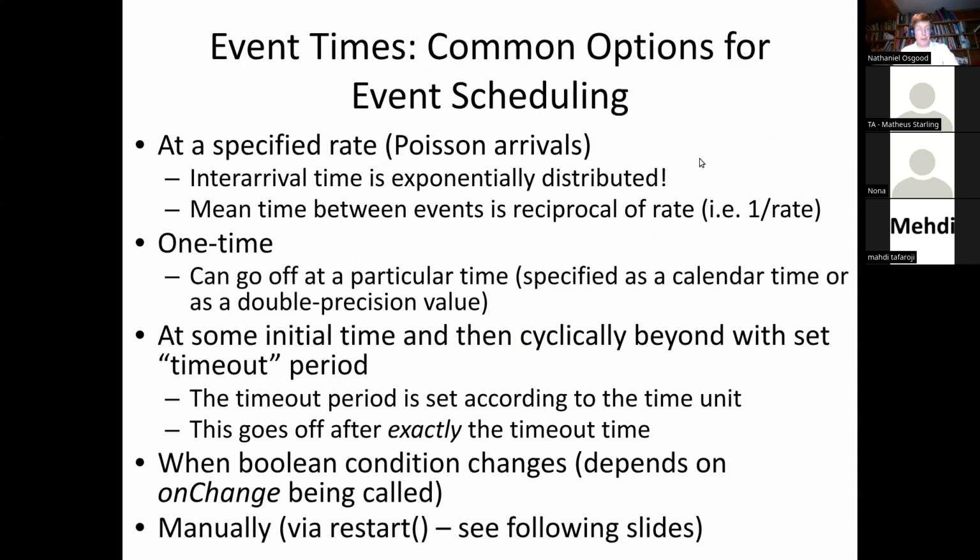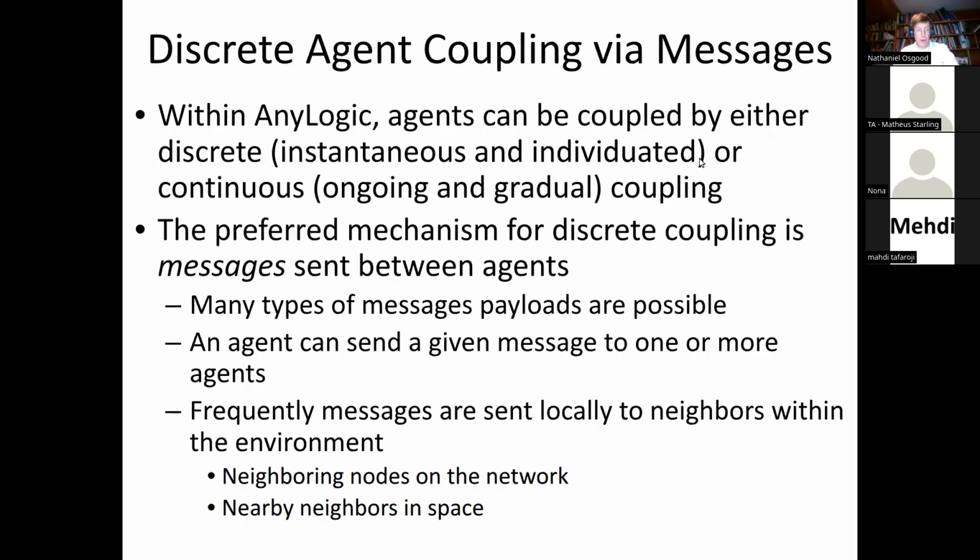Okay, and I talked about messages, or talked about networks. People can be connected with networks, and if you have people connected with networks, or people who are merely adjacent and you want them to interact, what we're going to use in the coming days will be messages.